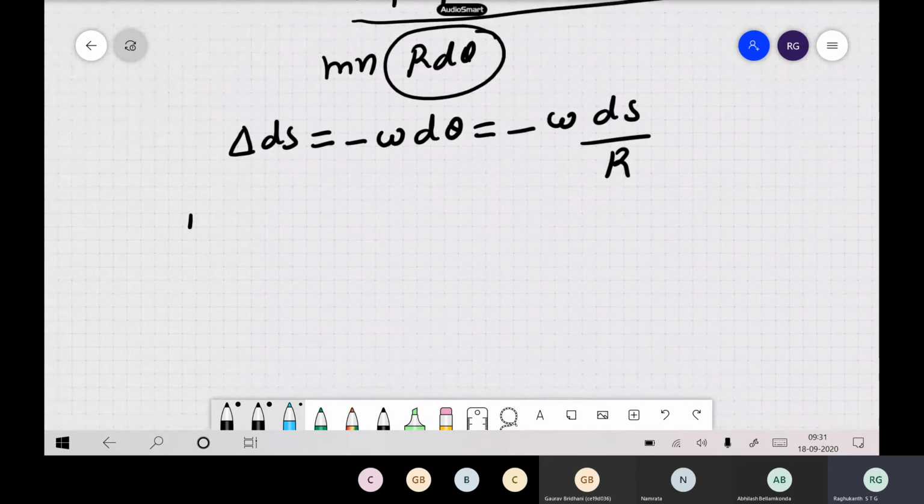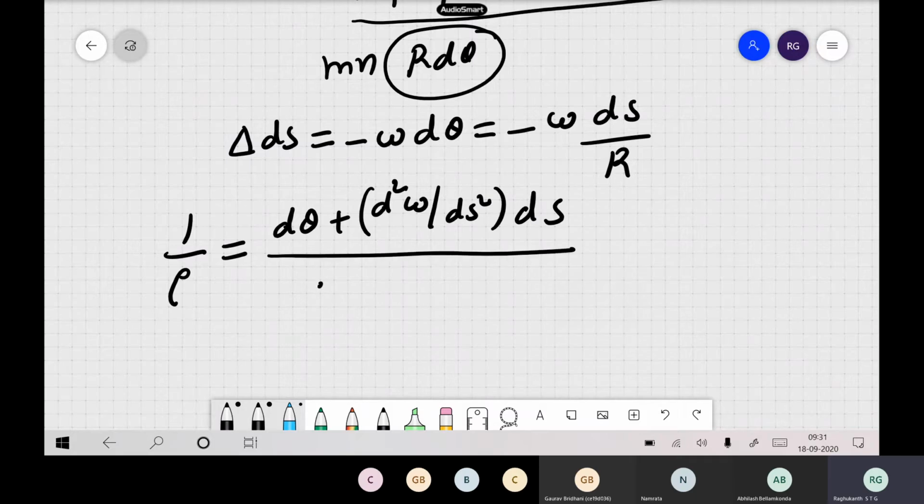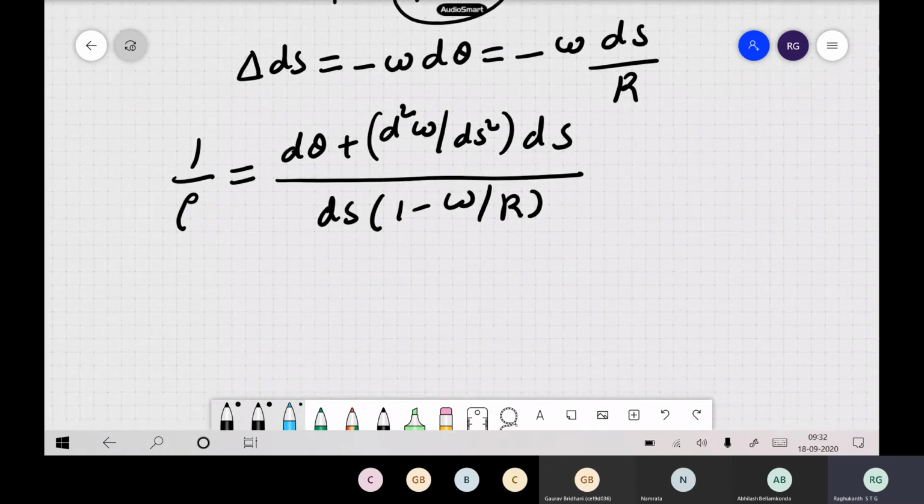Now if I substitute all these things, 1 by rho becomes d theta plus d square w by ds square into ds, and the denominator will be ds into 1 minus w by r. This is the new curvature; the old curvature was 1 by r.